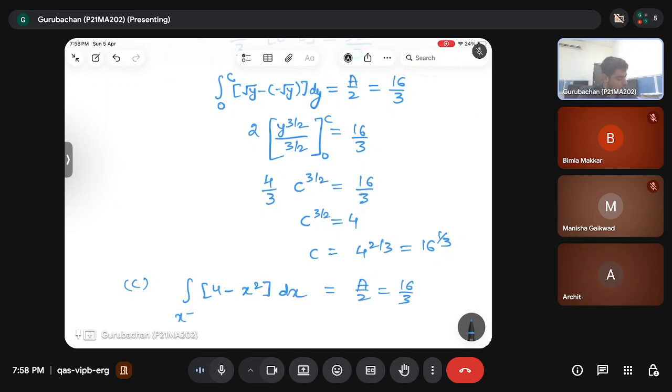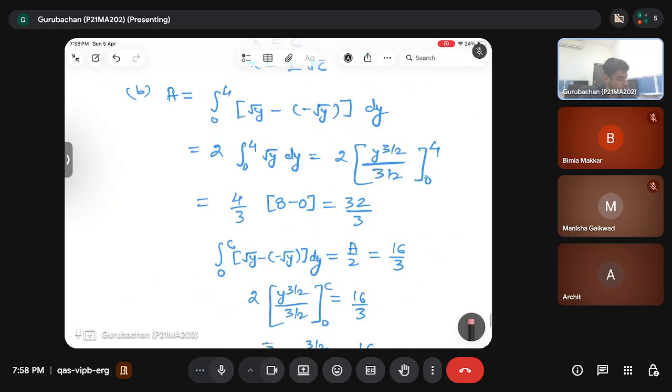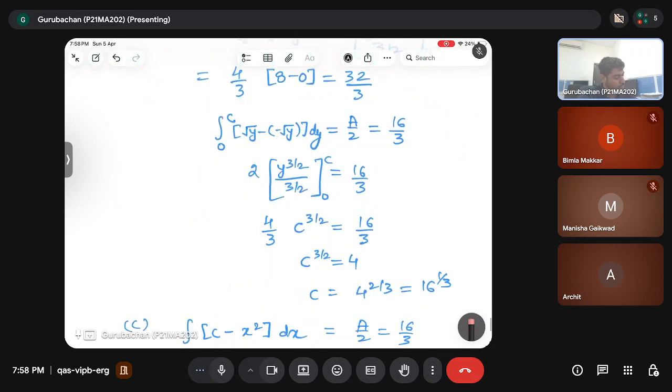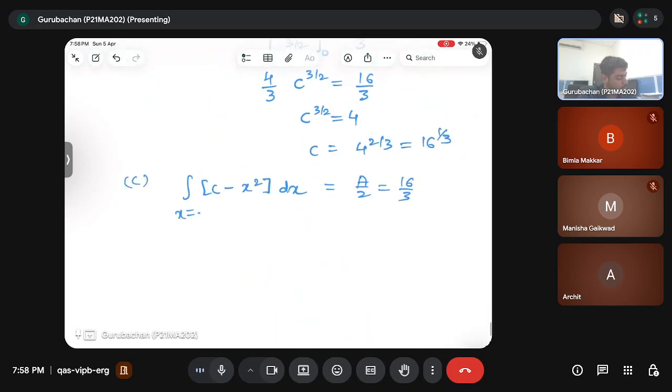So x will start from minus under root c, where they are intersecting, to plus under root c.